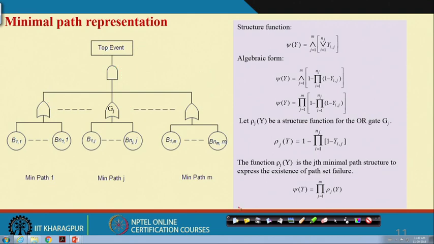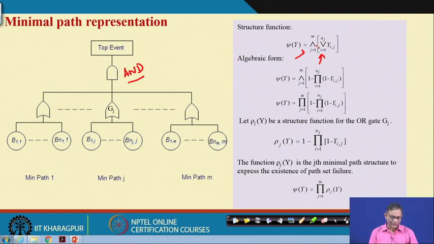Okay. So, we have to develop the structure function, and the structure function looks into the gates. What gate? This is my AND gate, so the first part is an intersection. This is an OR gate, so in the second part it is a union.